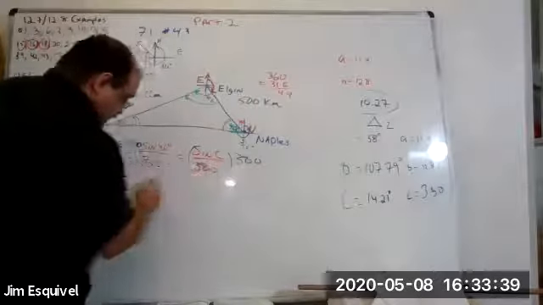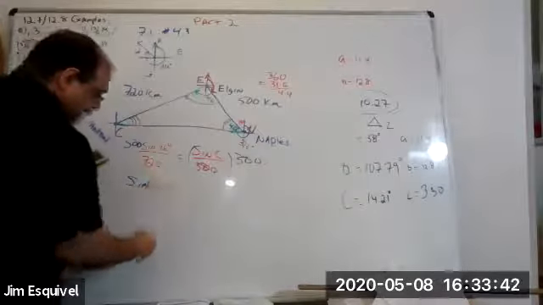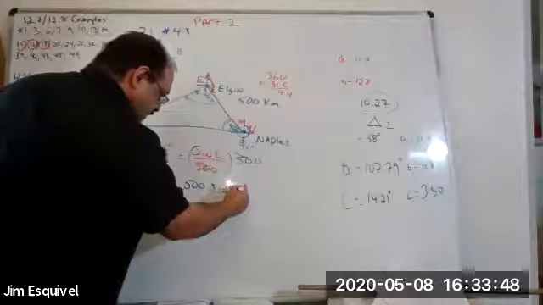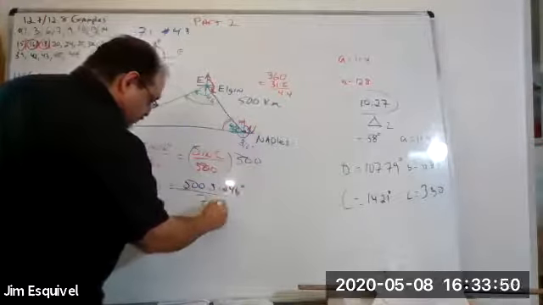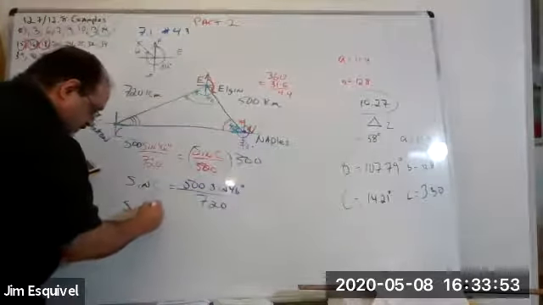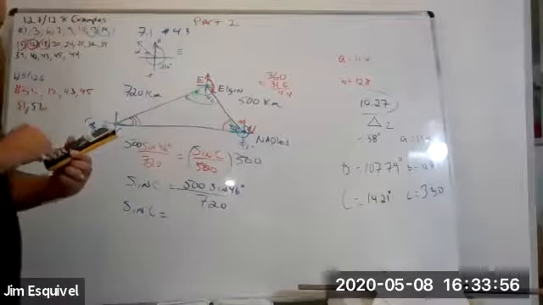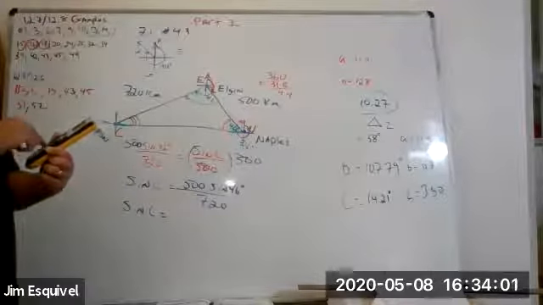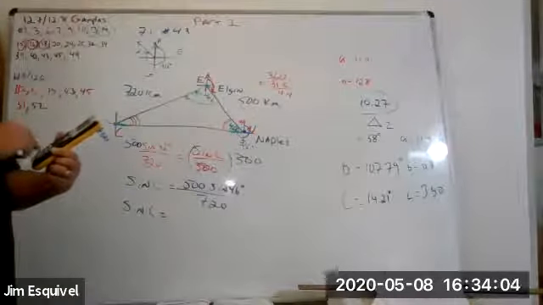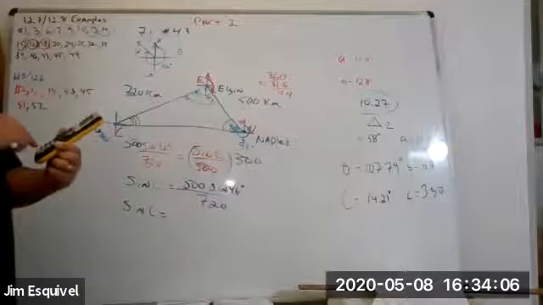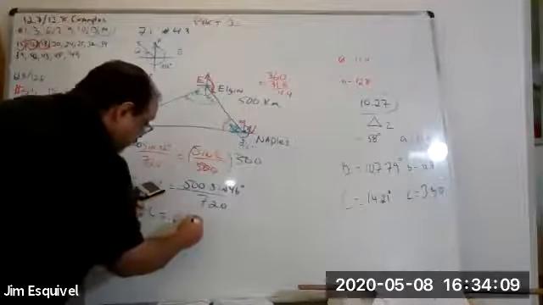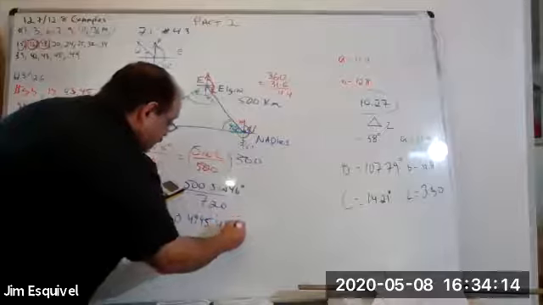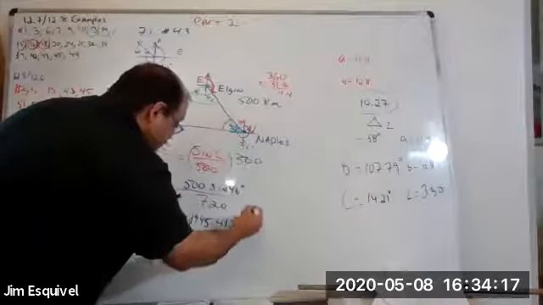Well, sine of C is equal to 500 times the sine of 46 degrees all over 720. So the sine of angle C is equal to 0.499541528.